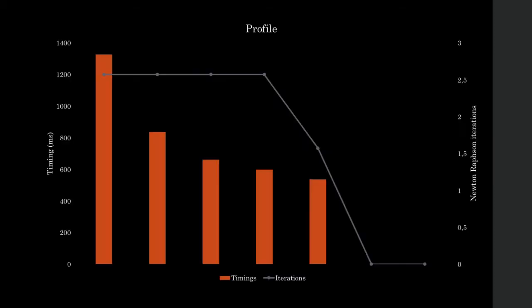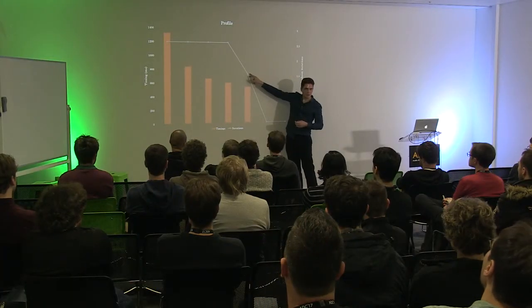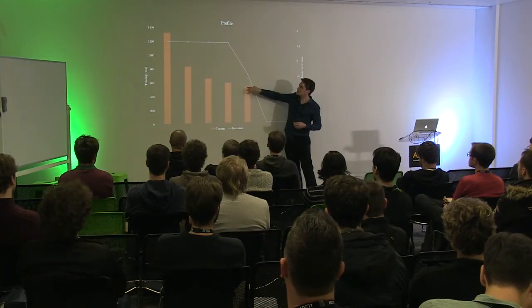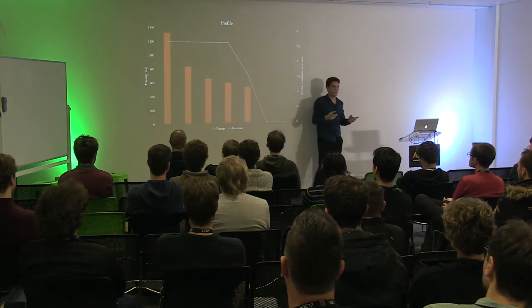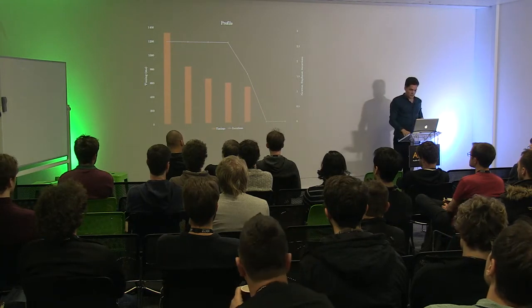But the nice thing is that obviously you have one less iteration on Newton-Raphson, and it's still faster than the original one, just by modifying your original point. Everything is also faster here.